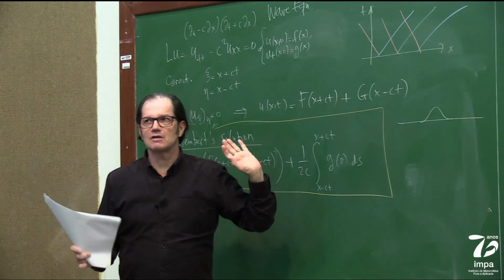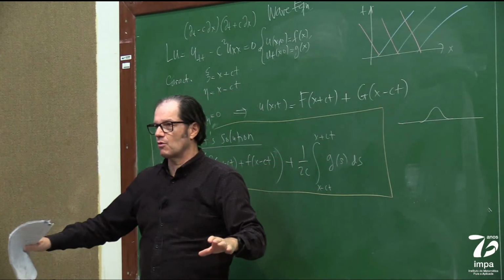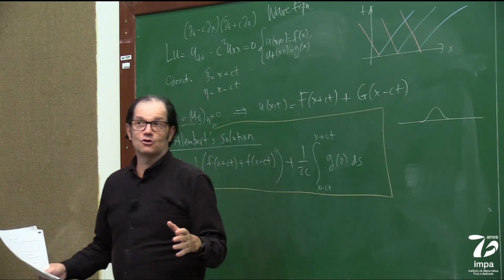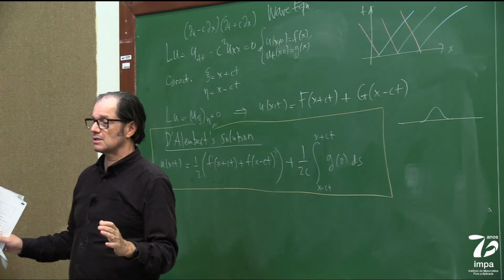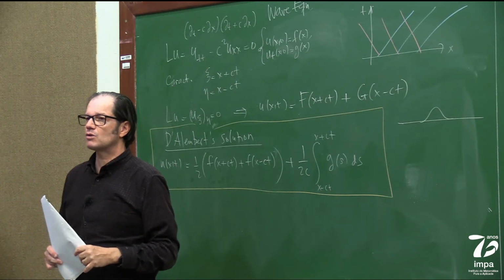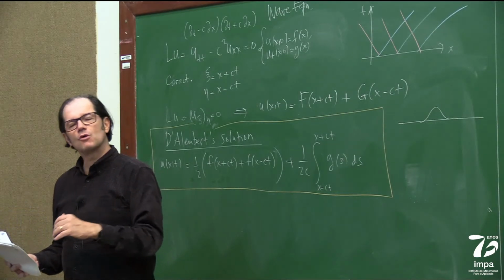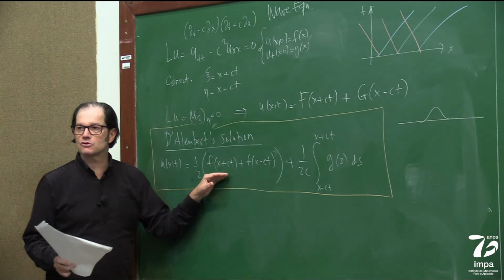Anyway, here you don't have to think Fourier. So if I put this Gaussian here, a bunch of water, like for example, generated by an earthquake, but we don't have the earthquake. We just see this water like this, and you let it go. What will happen? Half of the wave goes to the right, a copy of the wave, half goes to the right, half goes to the left.